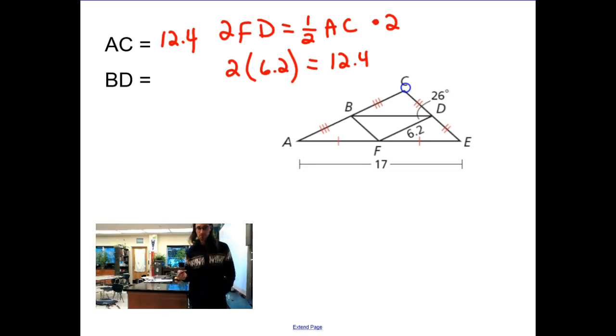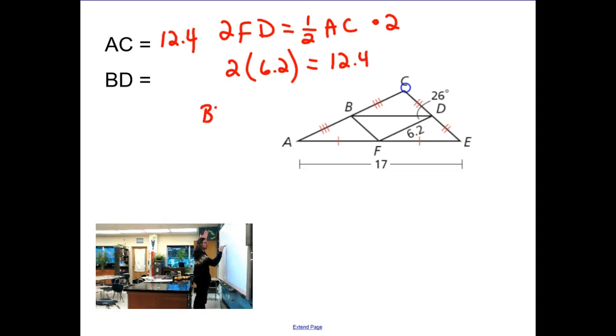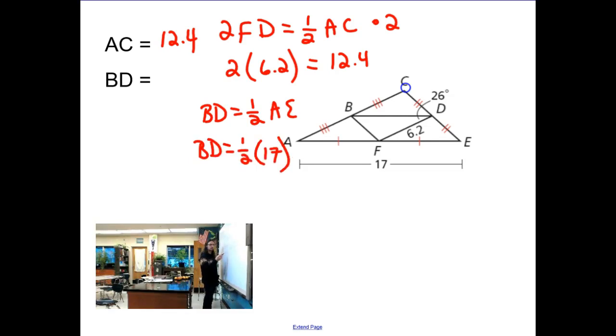That one's not so bad. How about BD? Let's see. BD is a midsegment. BD equals half of AE. AE is 17. Half of 17 is 8.5. That's not so bad at all.